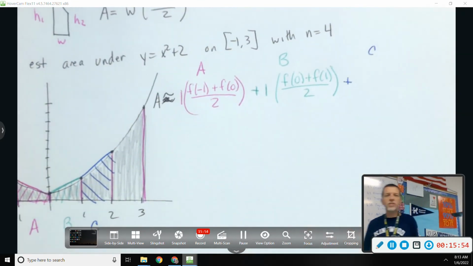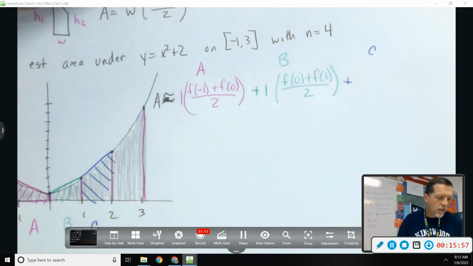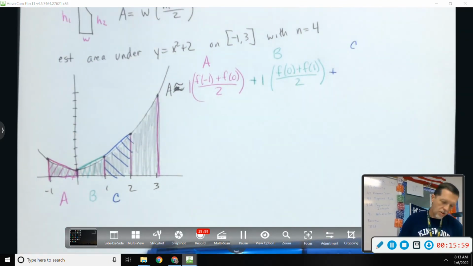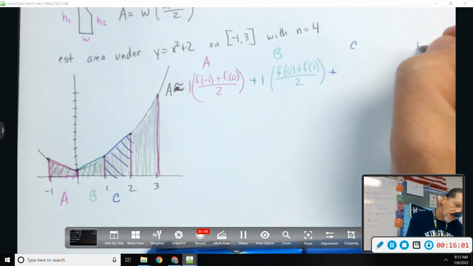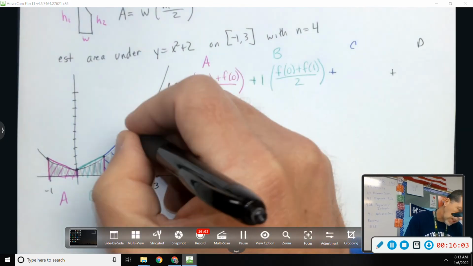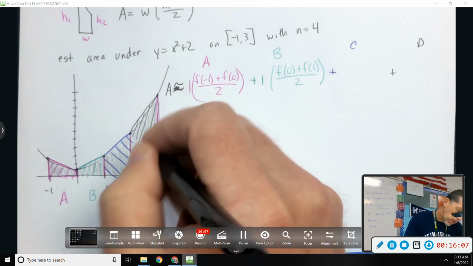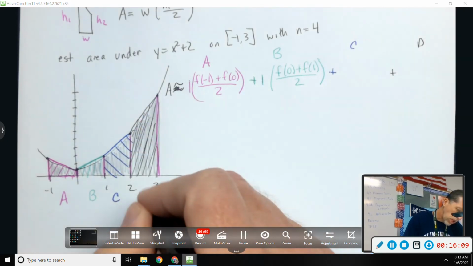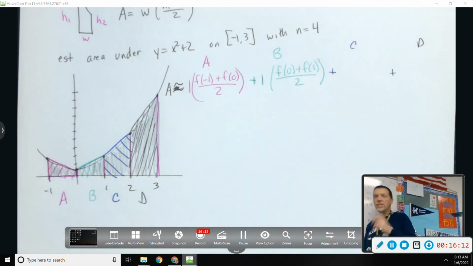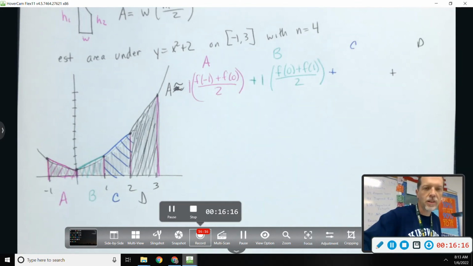Why don't you see if you can finish setting up the problem with trapezoid C and trapezoid D. Again, the labeling might be a little overkill, but it helps some people visualize what's going on.